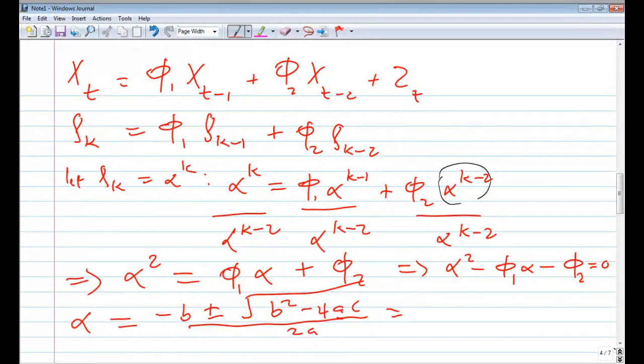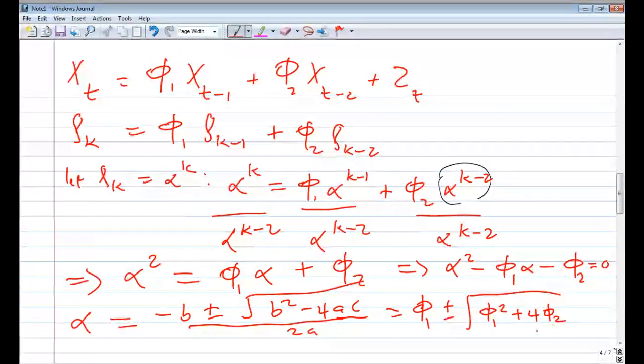Your b is minus phi 1. Your c is minus phi 2, isn't it? So therefore, alpha will be equal to phi 1 plus or minus the square root of phi 1 squared plus 4 phi 2, all divided by 2. Did you get that?